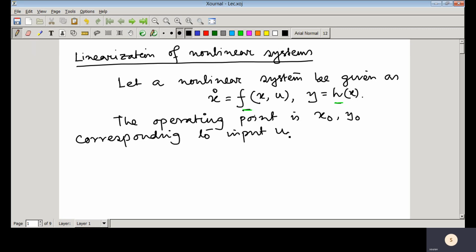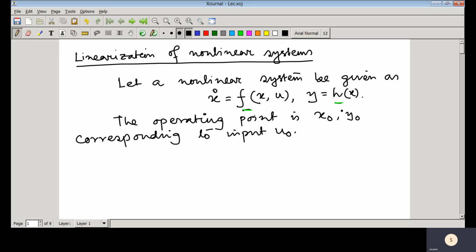That means if we apply the input u0, then the corresponding state is x0 and the output is y0. We will be linearizing the dynamical system at that operating point.